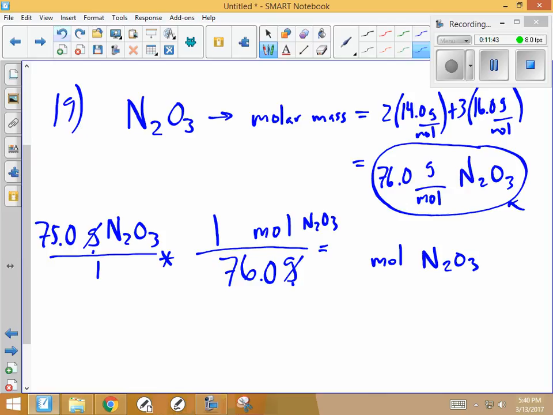So when I divide 75 by 76, I get, let's have a little more room, 0.987 moles of N2O3.